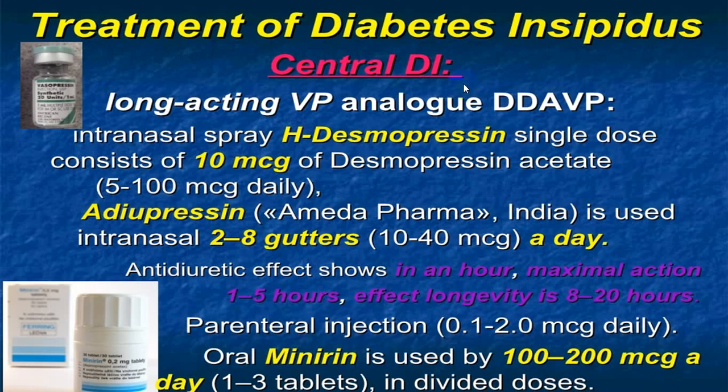In the variety of central diabetes insipidus, long-acting vasopressin analogs, that is we call desmopressin, either in the form of a nasal spray can be utilized, or there is another compound called lysine vasopressin, which can be utilized again in the form of a spray, and this will correct central diabetes insipidus. While parenteral injections of Minirin can be utilized depending upon the requirement.